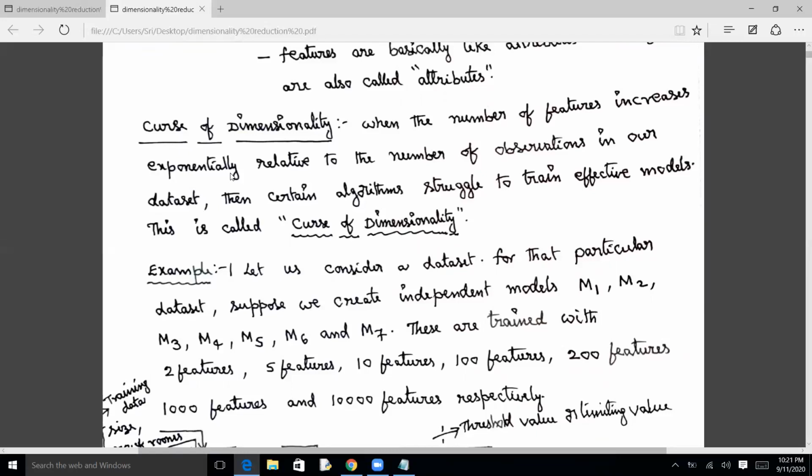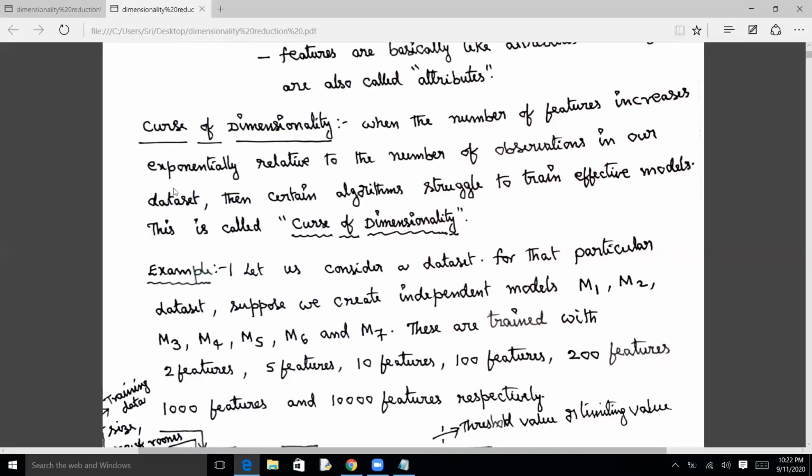That means whenever we increase the number of features to train the model, the model gets confused and cannot produce accurate values beyond a limit of features. That is what is called curse of dimensionality.